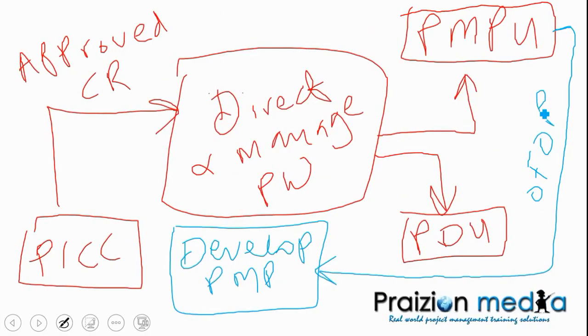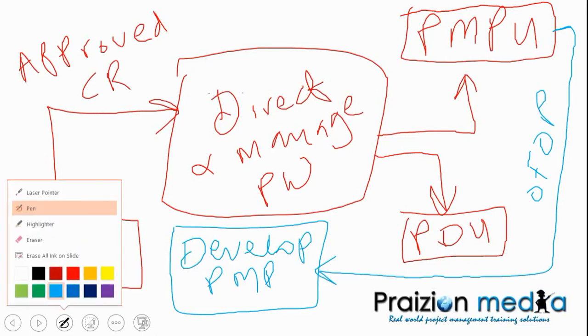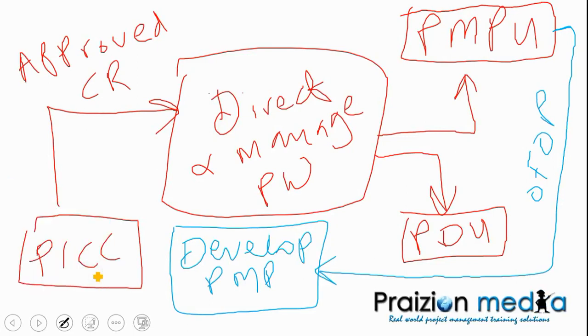For that reason, these outputs from other processes, which become part of the new project management plan, right? They're going to come out. I'm going to use a different color for this. Out of this, you can trace my orange arrow here, you're now going to get a revision of the project management plan, right?